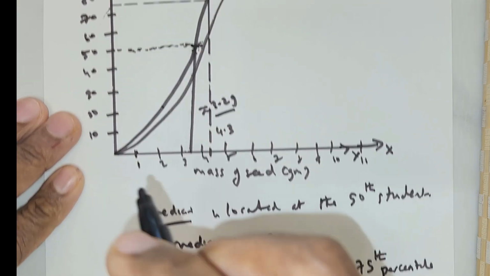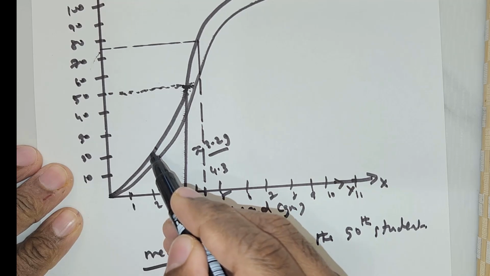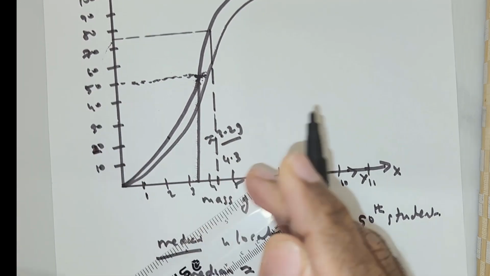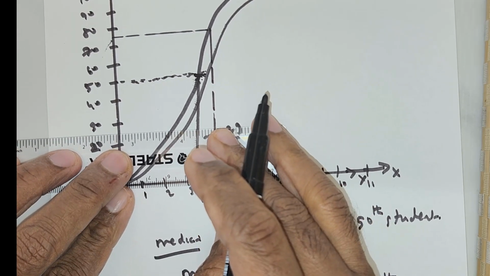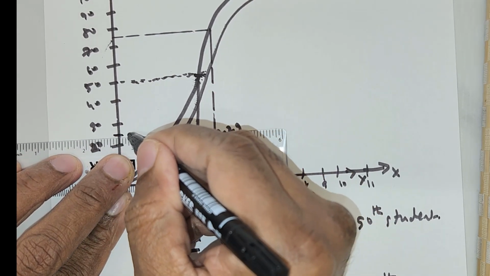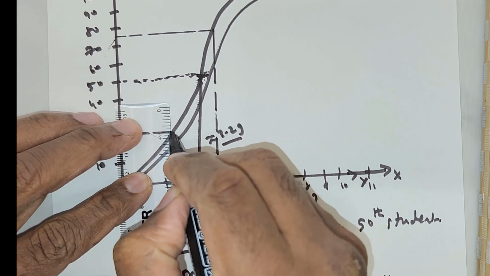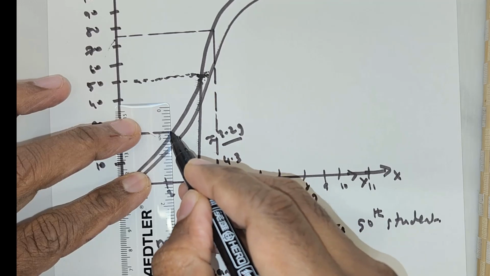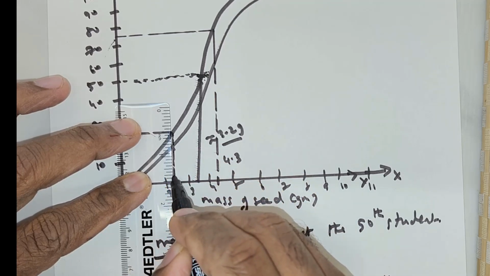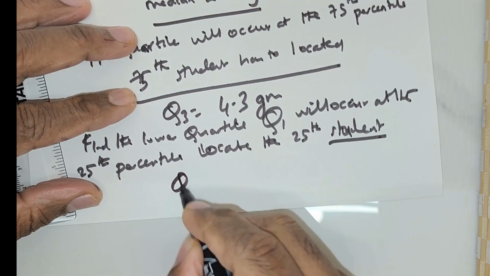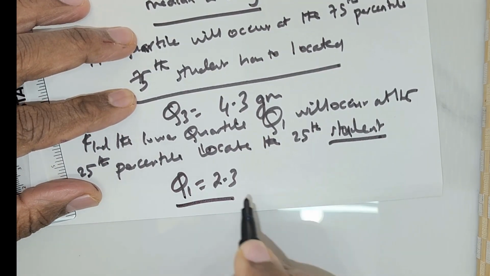Go over here and locate the 25th student. This is 20, right? So the 25th student will be somewhere over here. This is the 25th mark. If you drop a perpendicular from this line, not the second line, from this line, then this point will be 2.3. So Q1 is equal to 2.3.